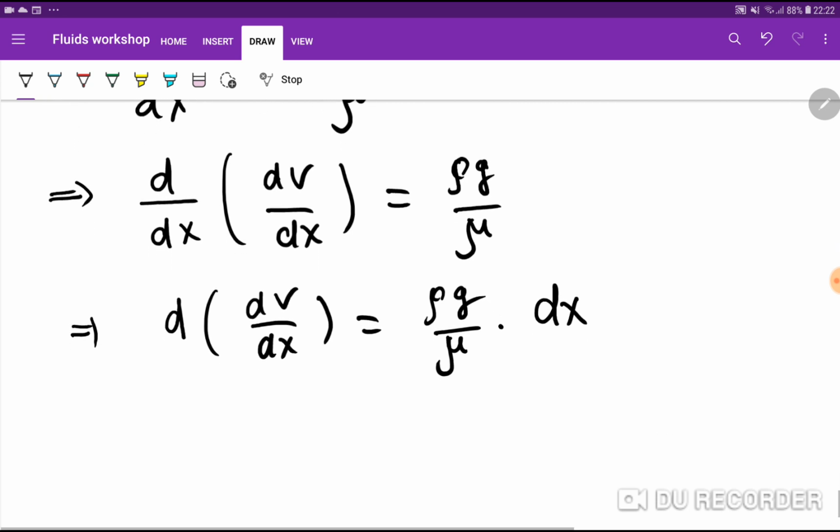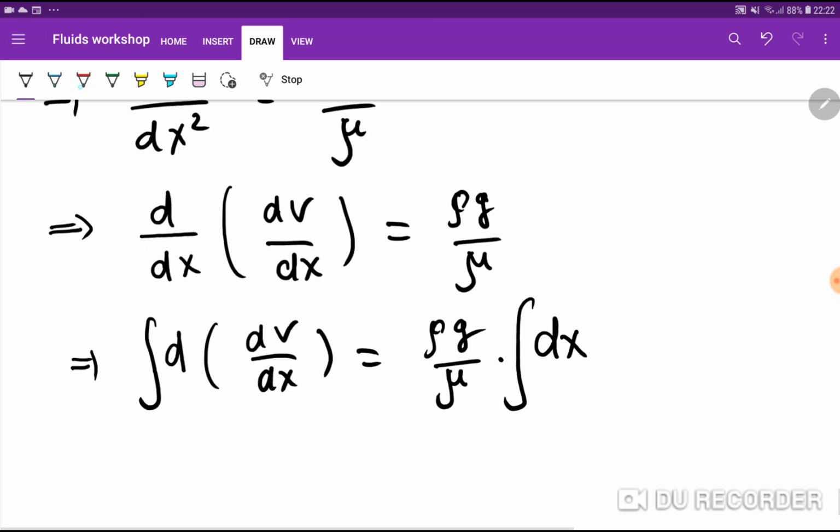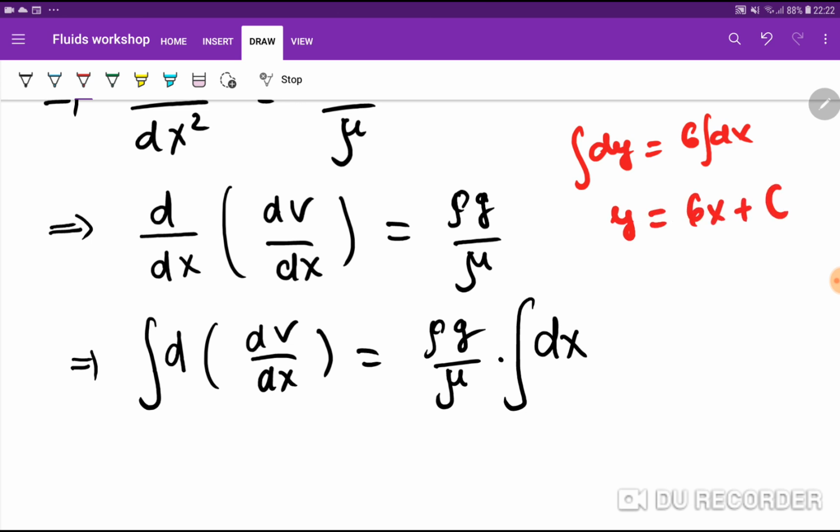Let's go ahead and integrate those. You remember you have something like dy equals 6 dx, and then you integrate both sides and you get y equals 6x plus c. In your differential equation or calculus 2 class, don't forget your calculus 2 knowledge, but if you forget, this is a reminder.